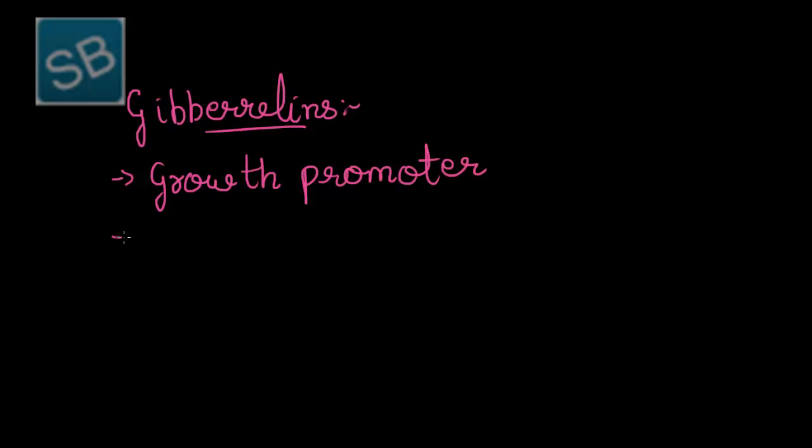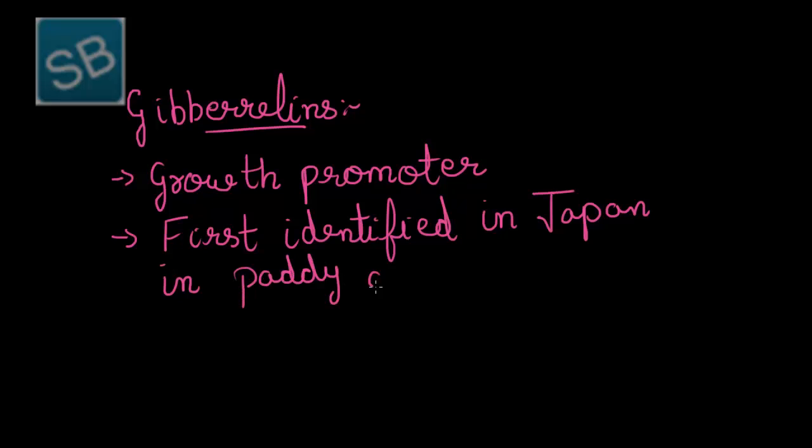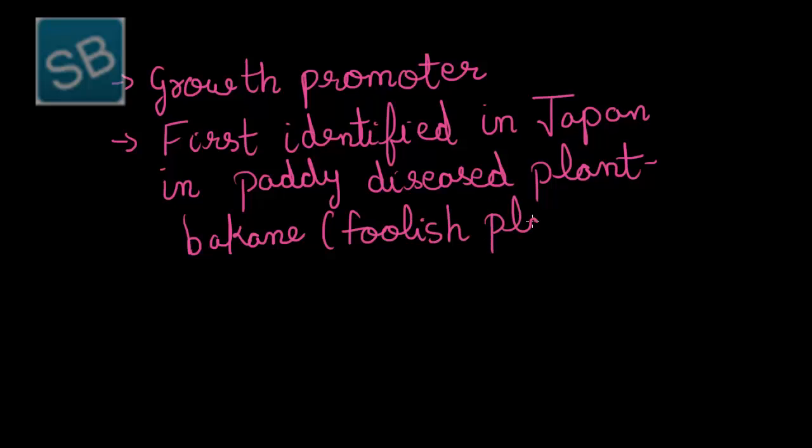Such a promoter was first identified in Japan in a paddy diseased plant, which was known as bakane, that means a foolish plant. This figure depicts the bakane or paddy diseased plant.